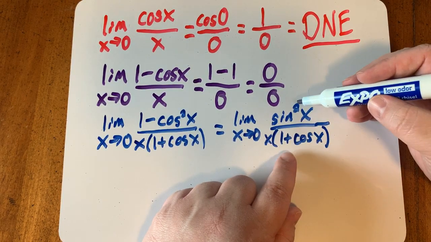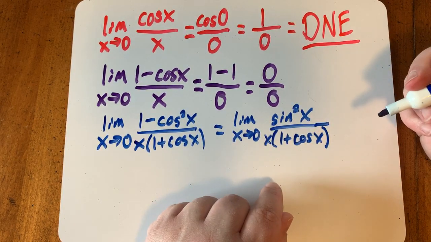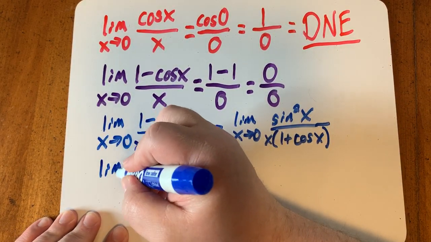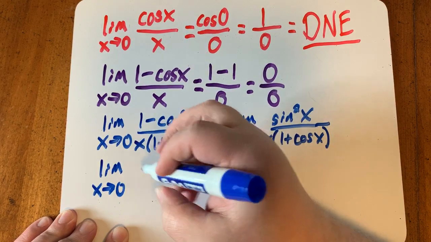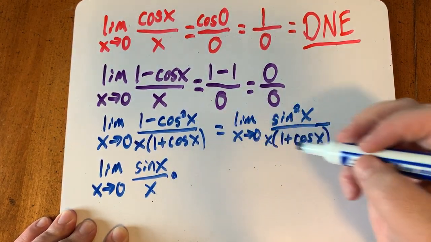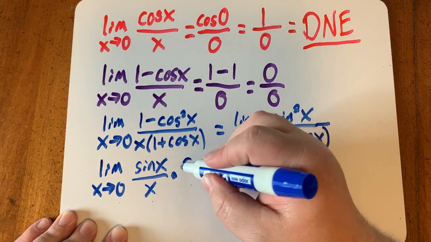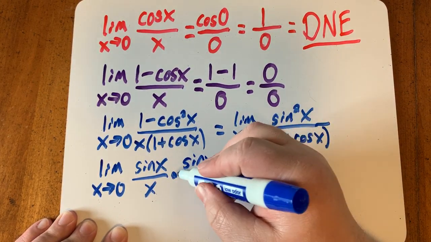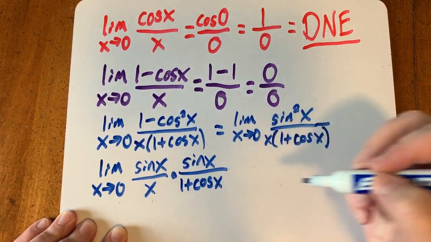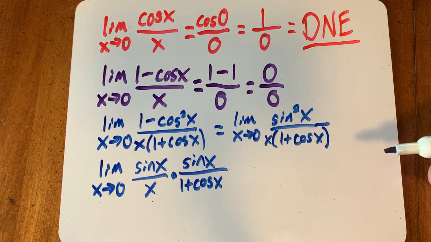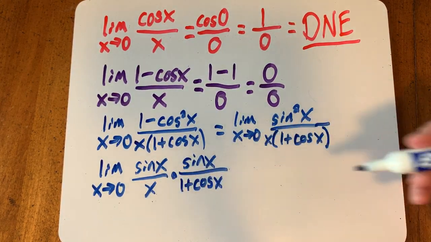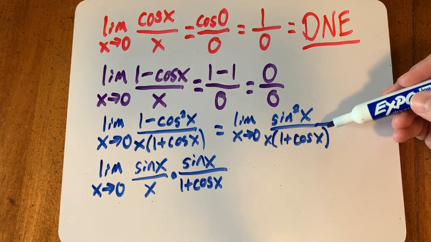Oh, so now we have a sine of x in the numerator and x in the denominator, so we can separate this out. We can say the limit as x approaches 0 of sine of x over x times, well, there's 2 sine of x's in the numerator, and then there's an additional 1 plus cosine of x down there. So if we multiply these two ratios together, we would just produce that again.